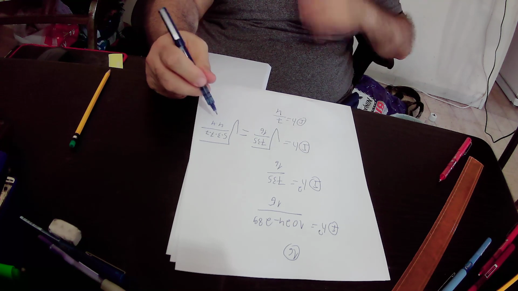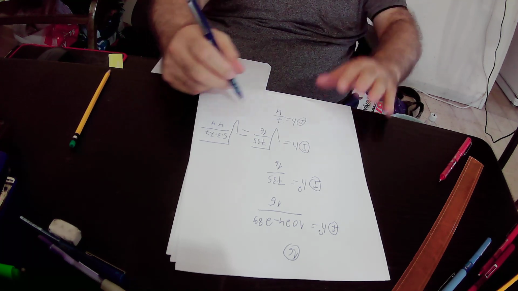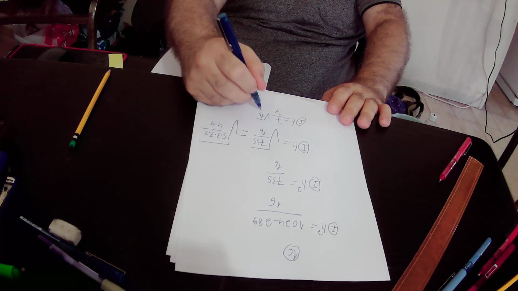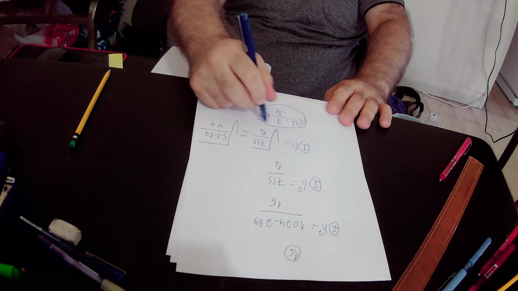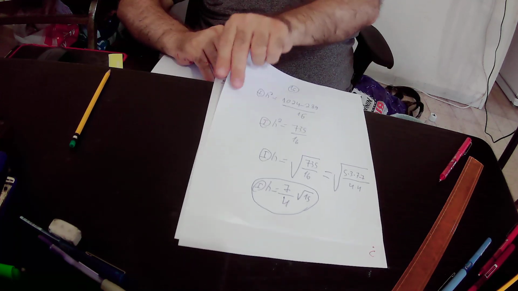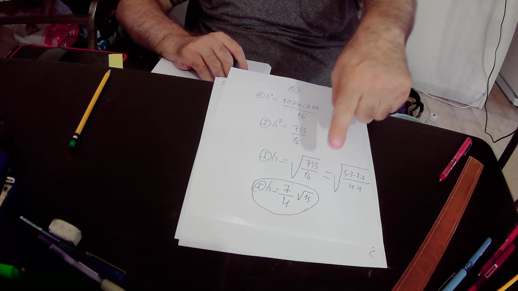Inside the root we have only 5 times 3 left. So it is actually 15. So we got that the height of triangle ABC, h, equals 7 over 4 times root 15.